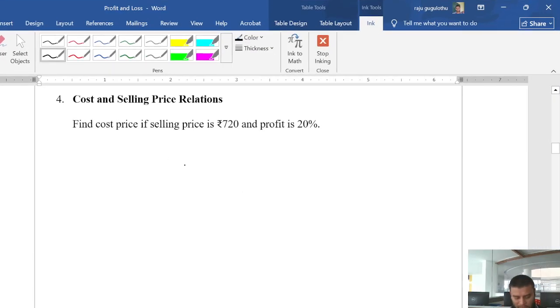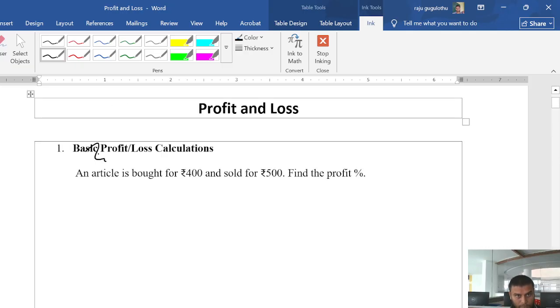Okay, look at this question, guys. This is a basic question. Find the cost price of an article. I have changed my pen tab, I hope this will work perfectly.